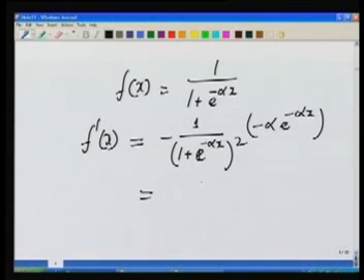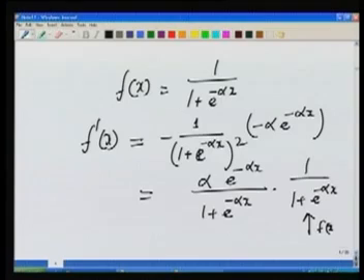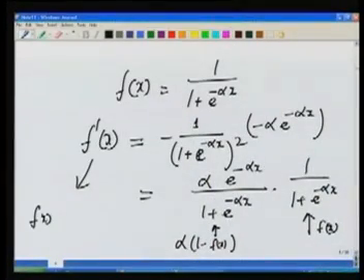Finally, this is alpha e to the power minus alpha x upon 1 plus e to the power minus alpha x, into 1 upon 1 plus e to the power minus alpha x. You can verify this factor is f(x), and this other factor is alpha into 1 minus f(x). So, obviously f'(x) becomes alpha f(x) into 1 minus f(x).